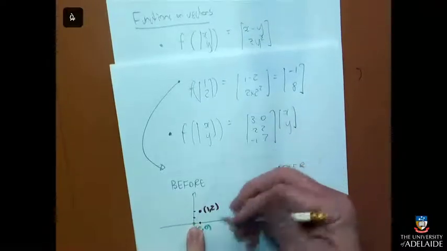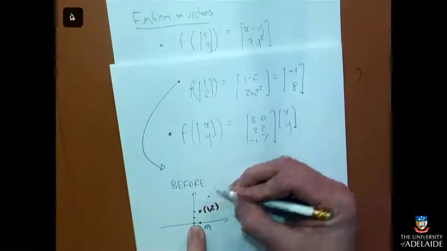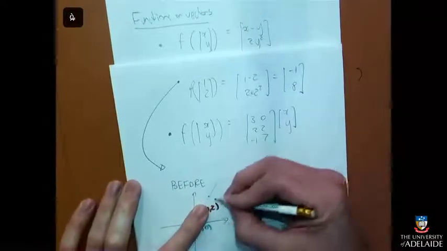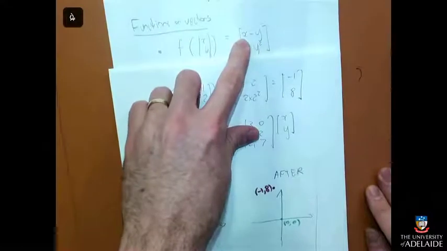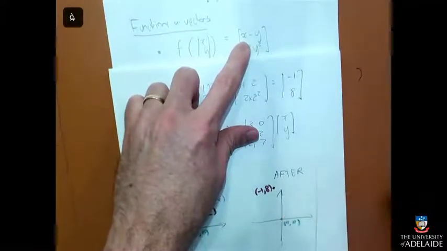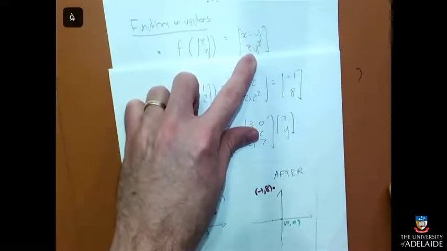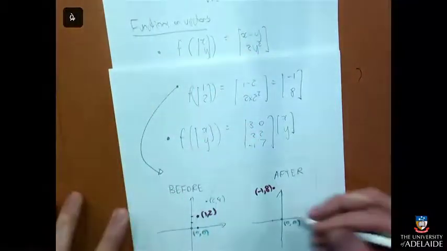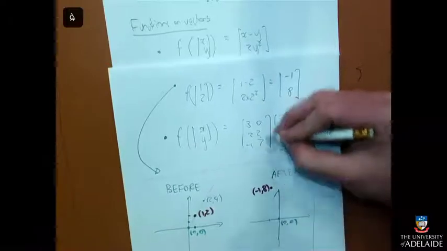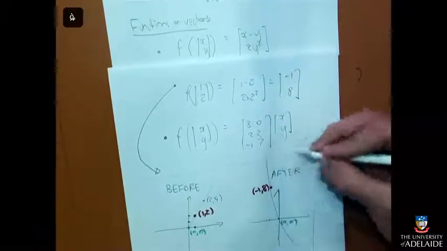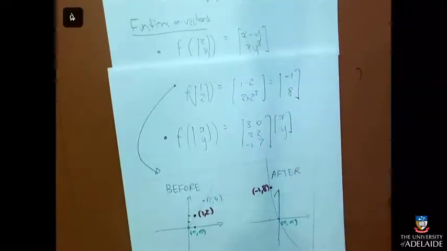If I put in, say, 2, 4, what do I get? 2 minus 4 is minus 2, and 2 times 4 squared is 32, so it's up here. So this straight line is now a curve. So any shape, I can figure out what shape it becomes afterwards.